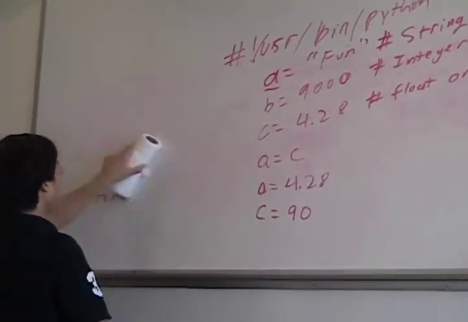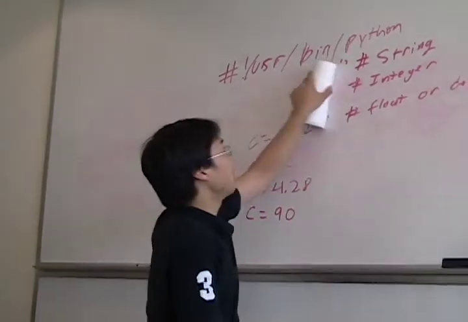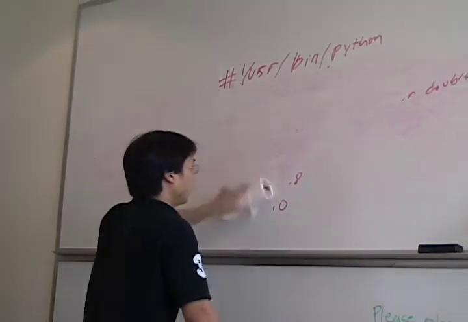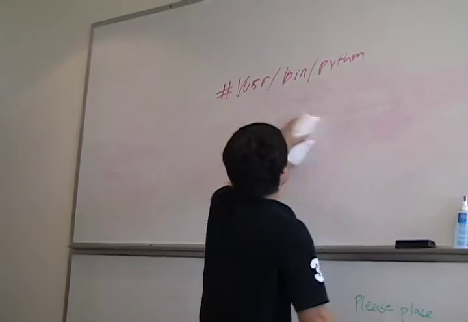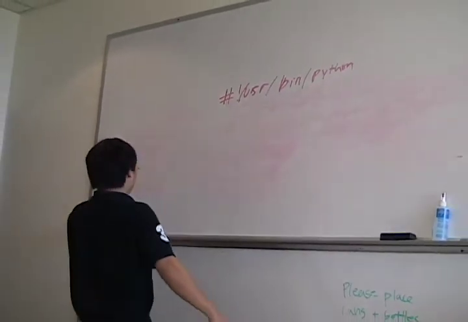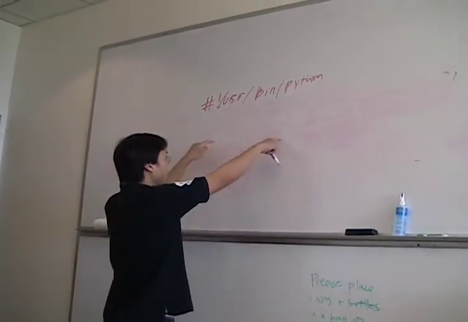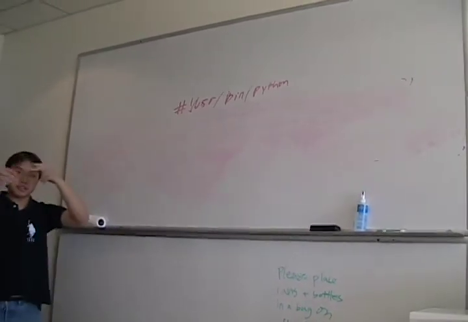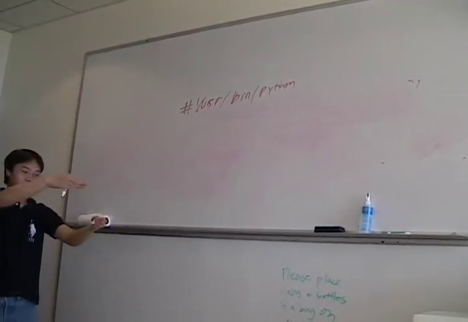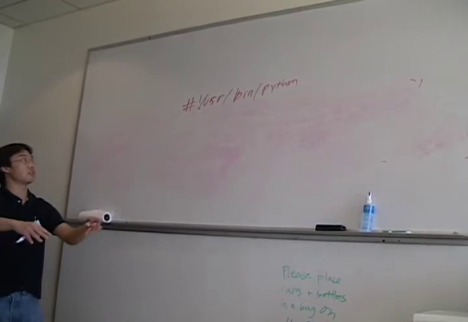All right, so how does this relate to, say, the lab? Once you have this, you can place numbers or strings or doubles, and you can do mathematical operations on them.